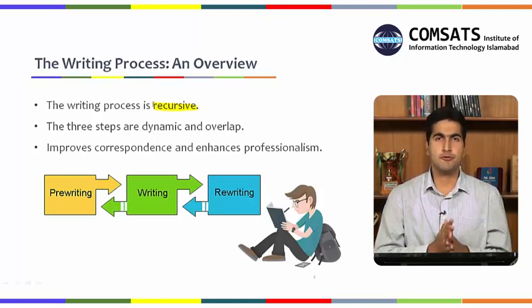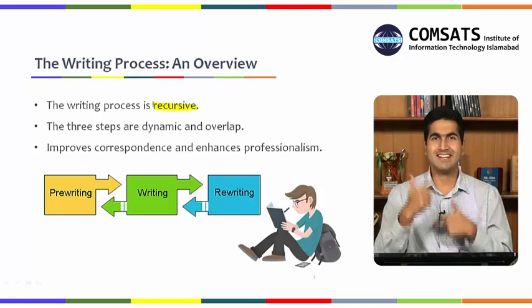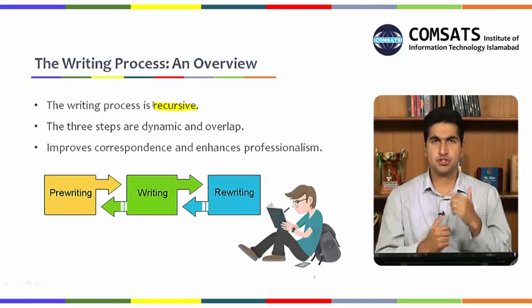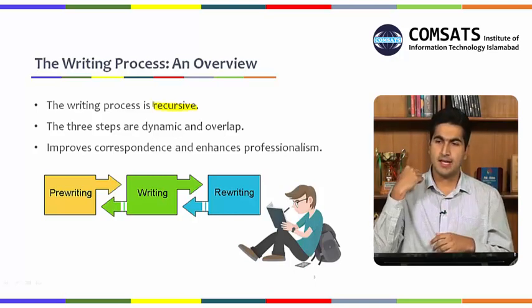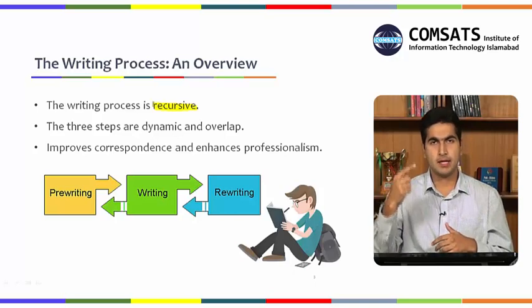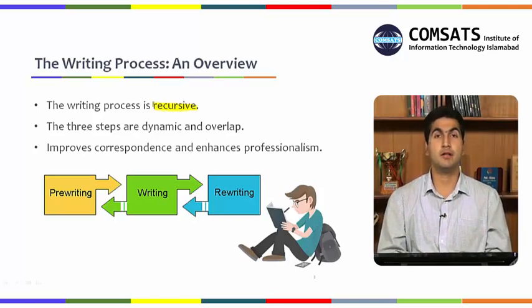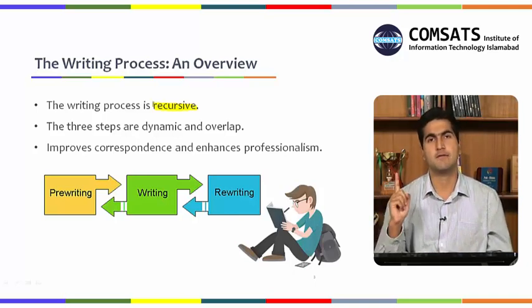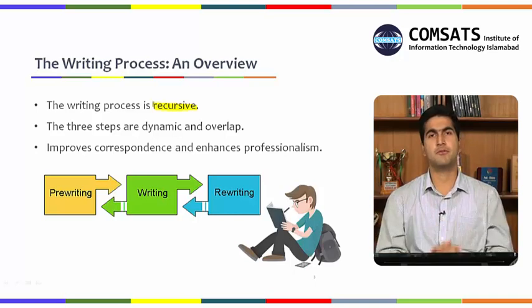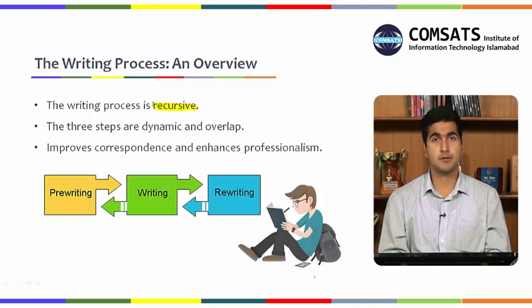Recursive basically refers to the process of recurrence, repetition, a cyclical process which is happening again and again. We talk about the writing itself, of course, a process which won't happen just once in your life. There will be different forms in which you have to write. There will be different scenarios in which it will be expected from you to come up with a draft for communication, for the transfer of information.